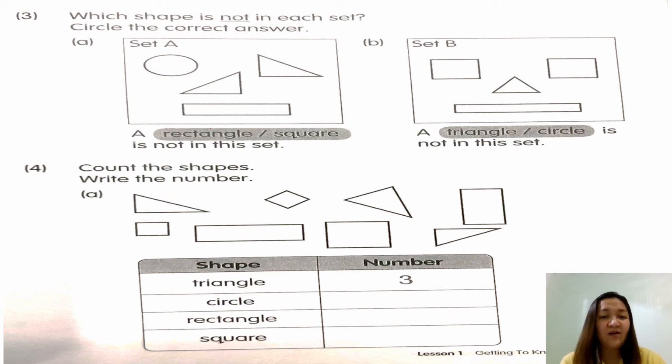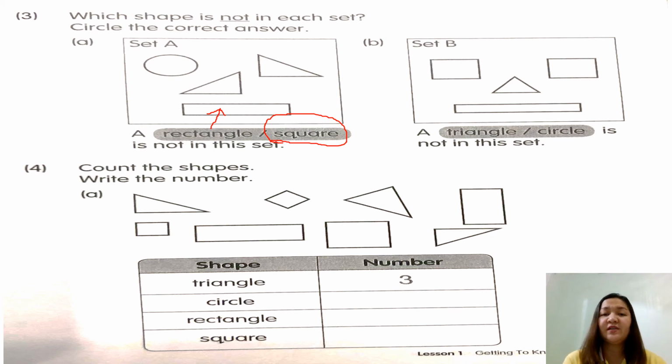We have here a rectangle. Do we have a square in set A? No. So we're going to circle the word square. For set B, a triangle or a circle is not in this set.